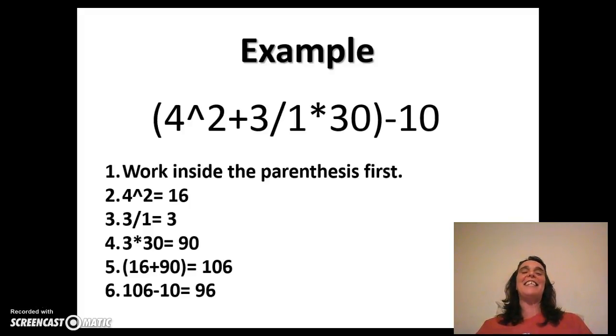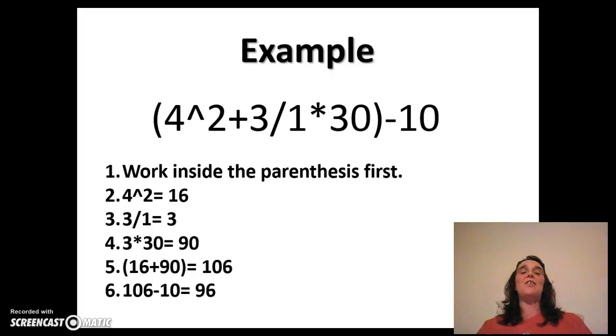So now we're looking at 16 plus 3 times 30. So then we move on to our multiplication, which would be the 3 that we got as a result of 3 divided by 1. So we do our 3 times 30. So 3 times 30 is 90.